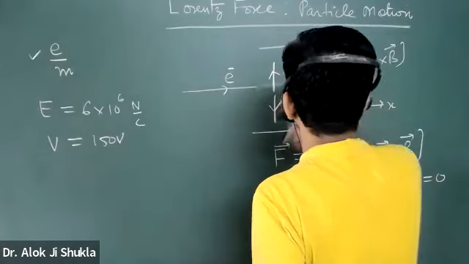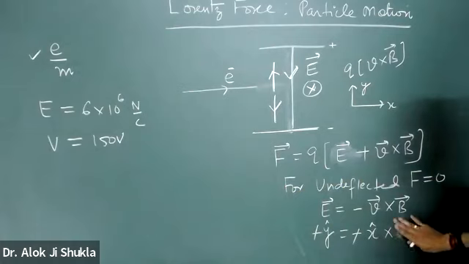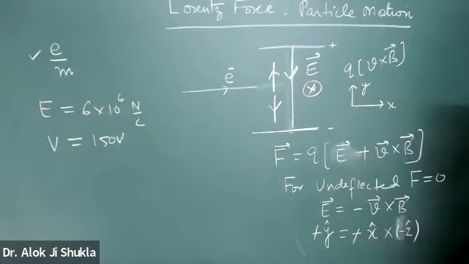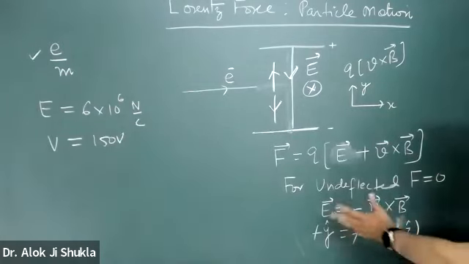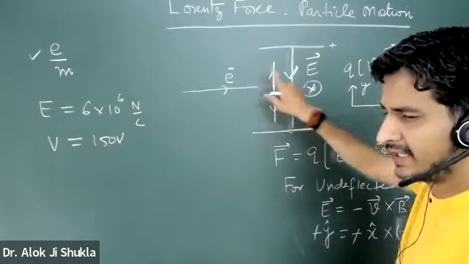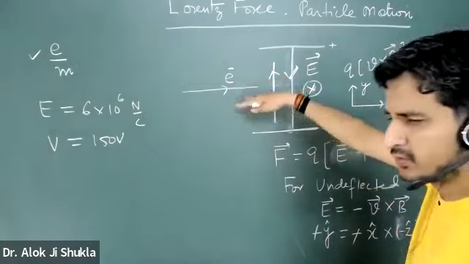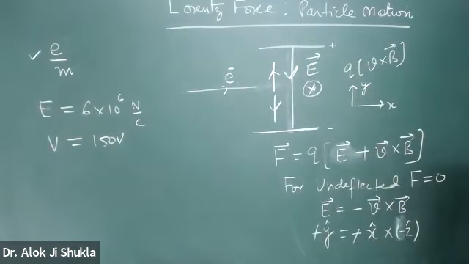So I want magnetic field in downward direction. So magnetic field I will take in minus z cap direction. So this will balance out. You can check it from this cross product. And this minus sign has to be reversed at the end, so you can also take it as positive, and then everything is reversed.